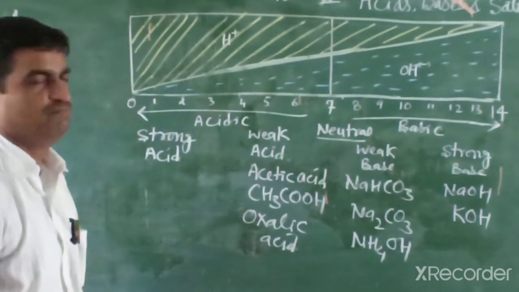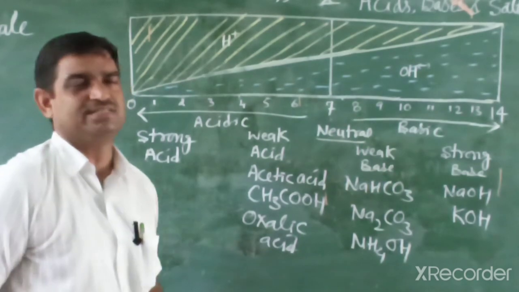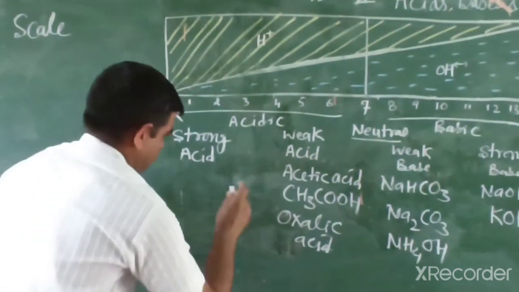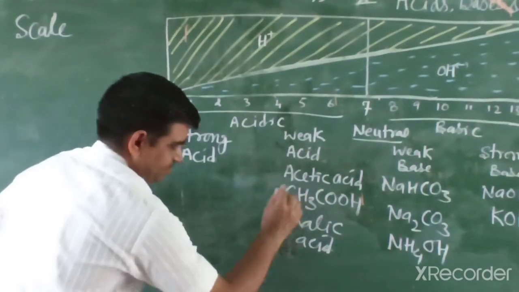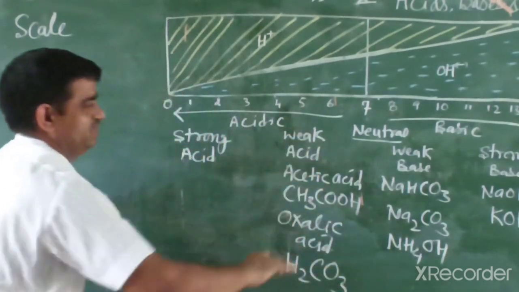Such compounds are weak acids. Another example of a weak acid is carbonic acid also. It comes in weak acid.